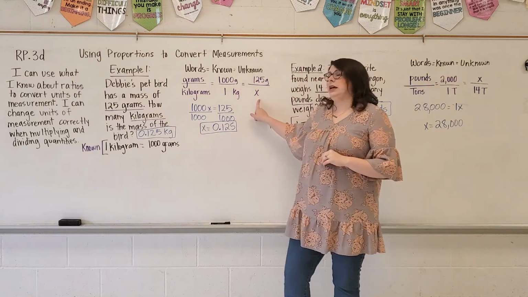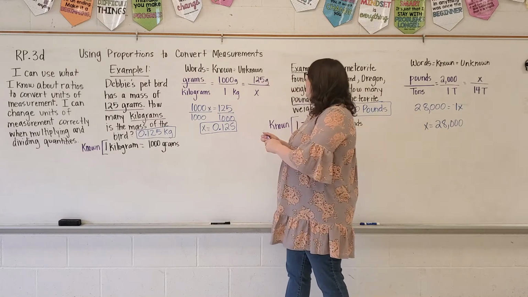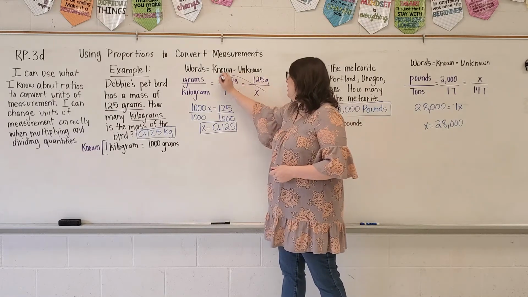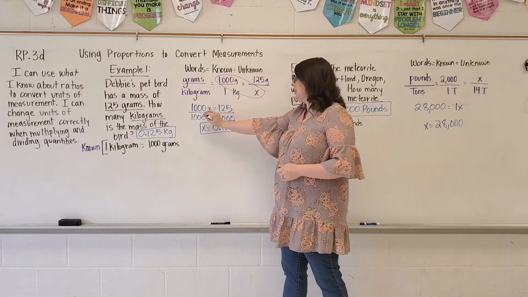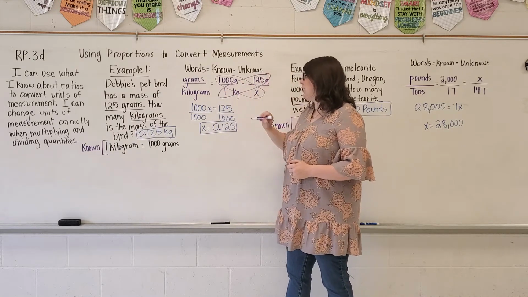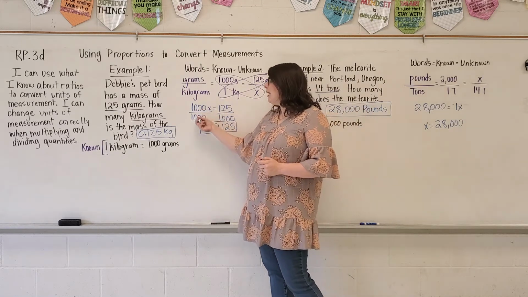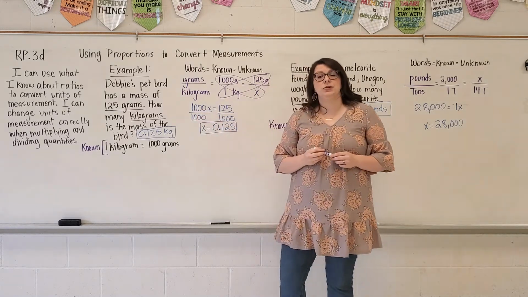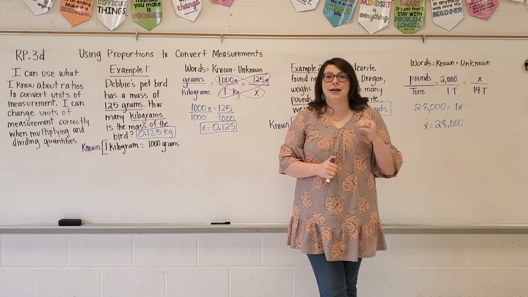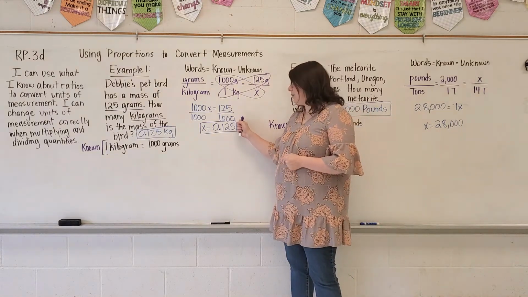Now we cross multiply to solve this problem. So we get 1,000 times x, which is 1,000x, and 125 times 1, which is 125. Now we're going to divide by 1,000 on both sides, using the inverse operation to get x, the variable, by itself. So we say 125 divided by 1,000.